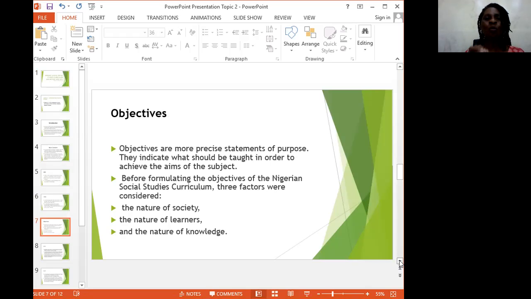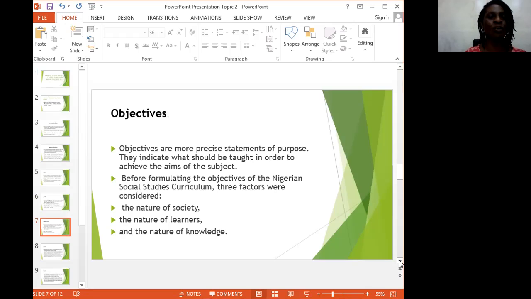They indicate what should be taught in order to achieve the aims of the subject. I'll repeat that again. Objectives are more precise statements of purpose, and these objectives indicate what should be taught in order to achieve these aims, the aims of the subject.